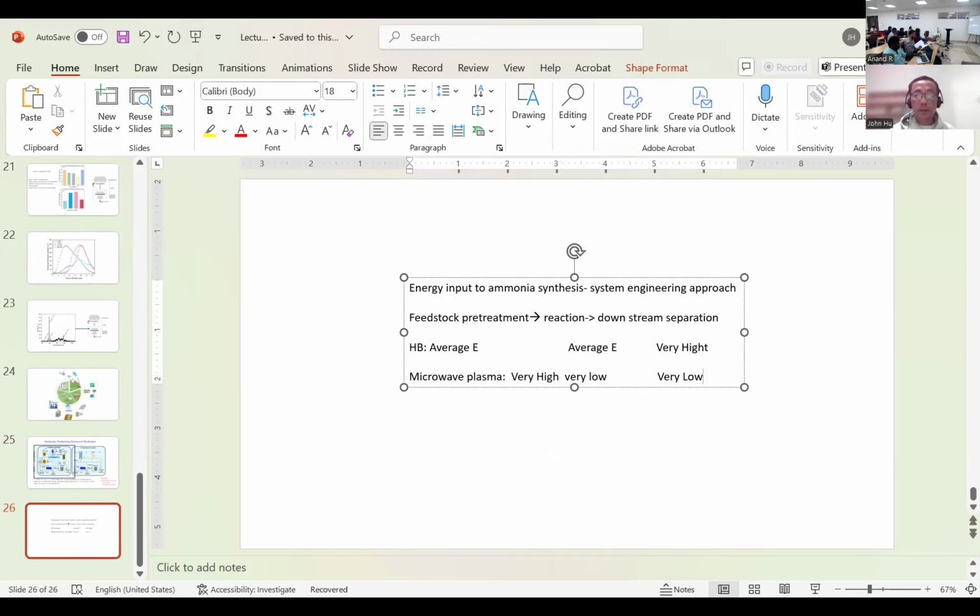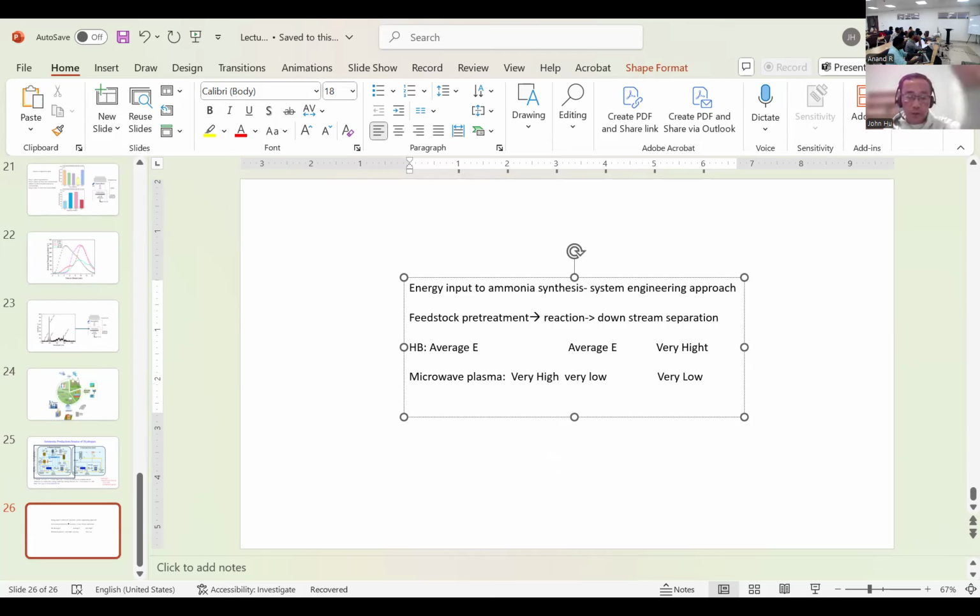Make sense? Yes, because nothing's free. You spend the energy on feedstock pretreatment, you save energy on the reaction, and now you save energy downstream. So tomorrow we are going to focus on downstream, because we cannot use a traditional Haber-Bosch compressor. So in day one, if you remember, this is clear, all right?